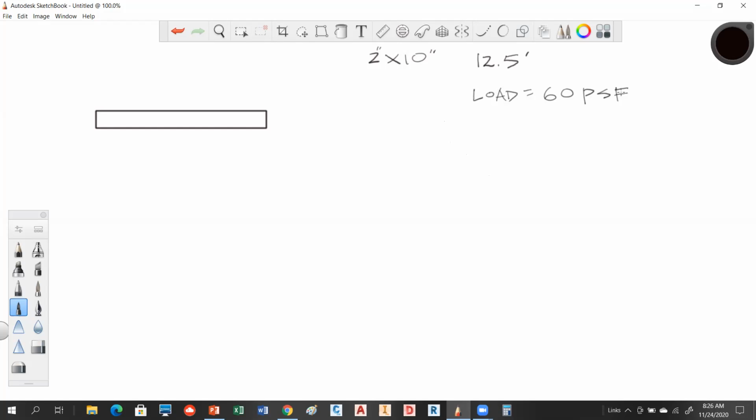All right, so if you look at that framing plan, let me draw a picture of that. I'm not going to draw the whole thing. But you have a joist, and then another 16 inches, you have a joist, and you have another joist, another 16 inches. So it's 12.5 foot of span, and we have 16 inches on center.